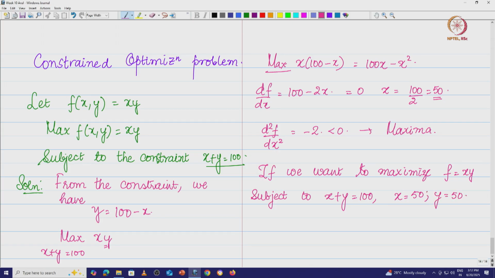You can actually take 50 into 50, which gives me 2500 here, and any other value is going to be less than 2500. So, the max is going to be that. Great.